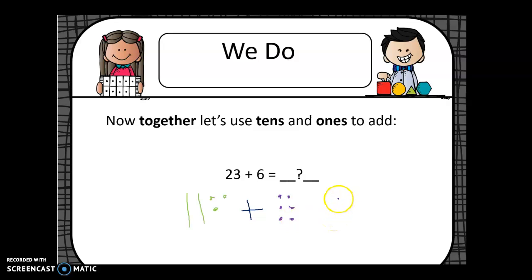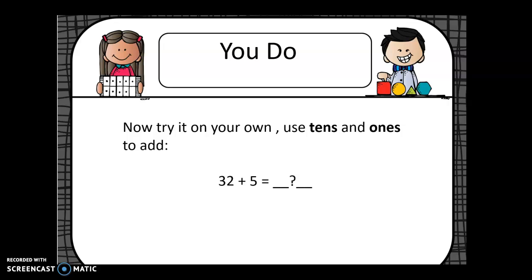It's going to give us a total of 29. Put an equal sign here for us. Okay. So we figured out what 23 plus 6 was using tens and ones. Good job, guys. Now let's try one on your own using tens and ones to add 32 plus 5.